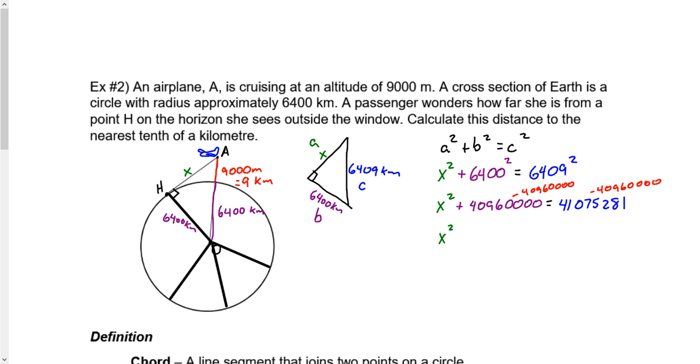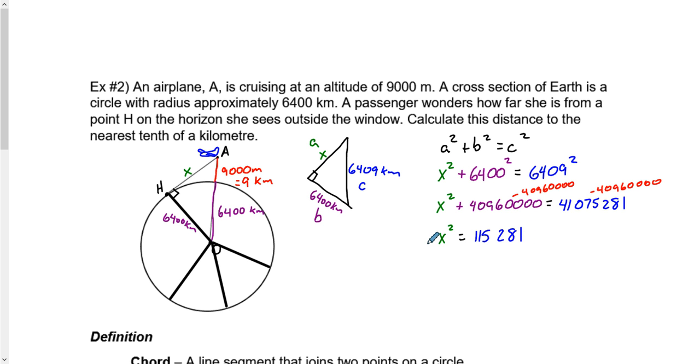So x squared would equal the 41 million number subtracting the 40 million number, which is 115,281.